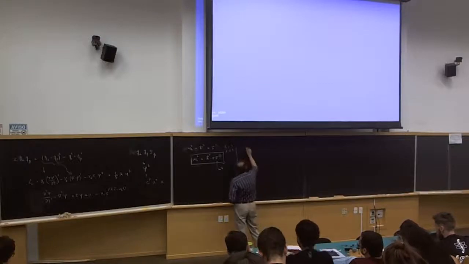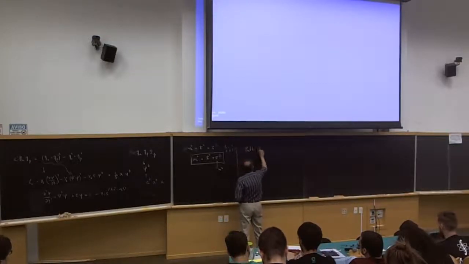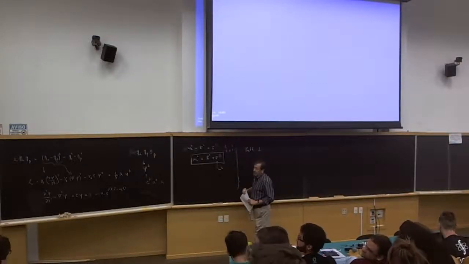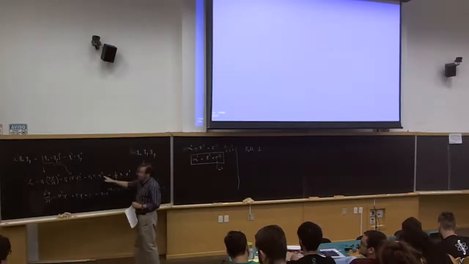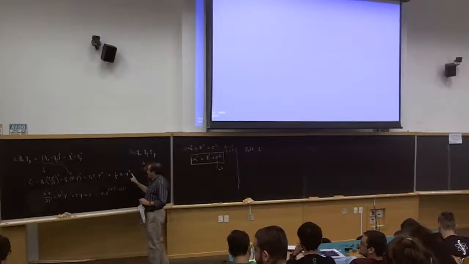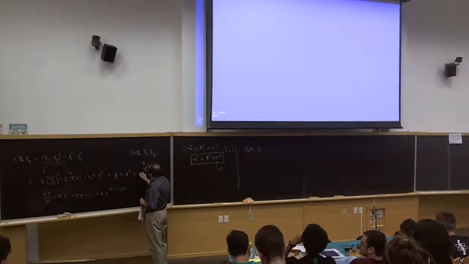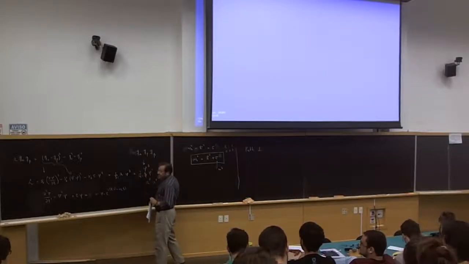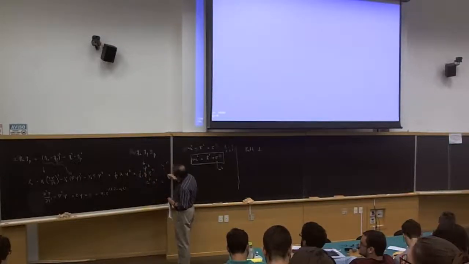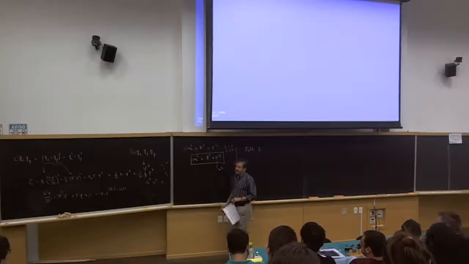Let's look now at the path integral. Powers beyond square, and then you have, say, 1 over factorial of 4 times G. So there are these interactions here, and so on and so forth.